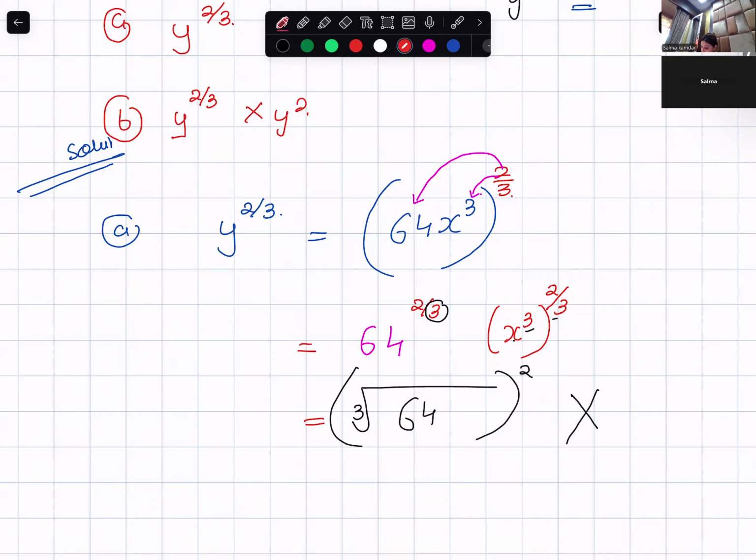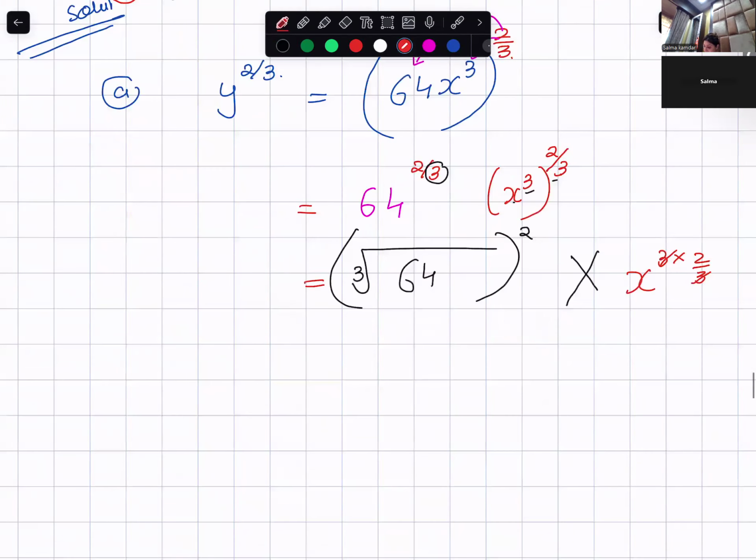So it would be x raised to 3 multiplied by 2 by 3. This 3 and this 3 cancels. So it would remain x squared. So this would become cube root of 64, the whole square, into x squared.